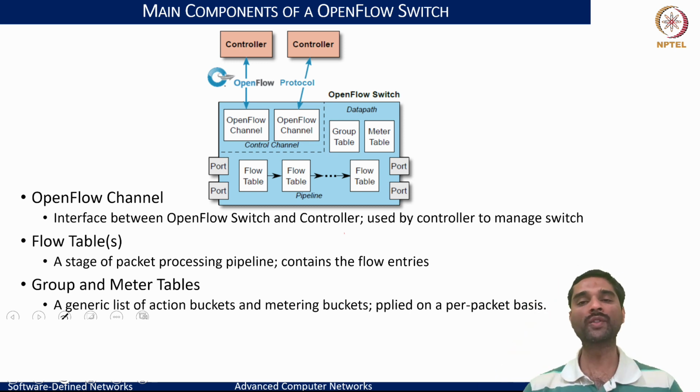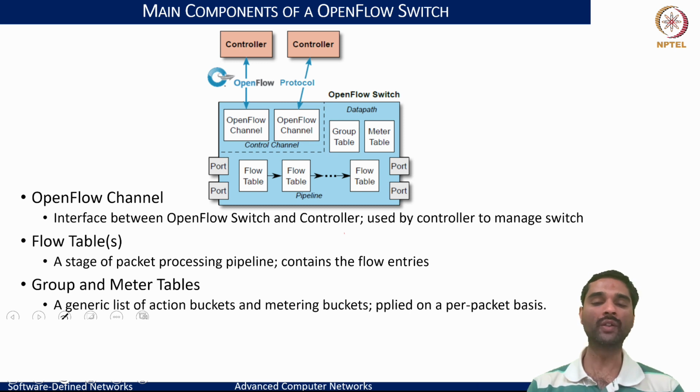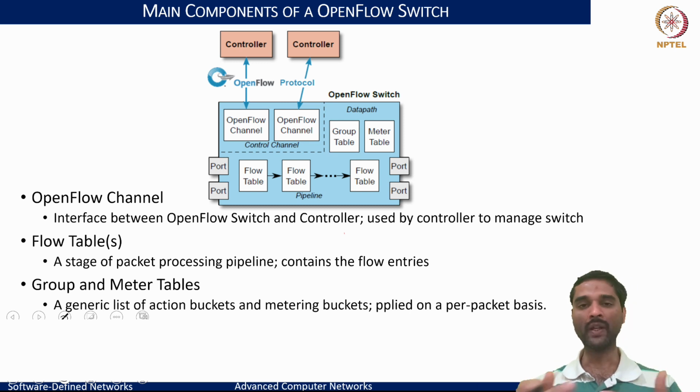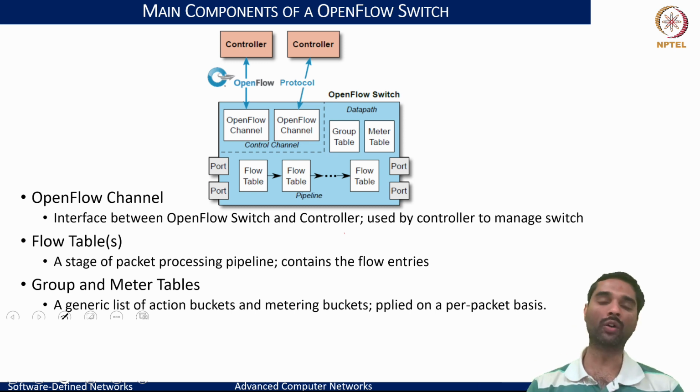But what does it mean to look at an OpenFlow switch, if we have to understand it in a very broad sense? The key components of any OpenFlow switch include first the control channel, or the OpenFlow channel, on which the controller would establish communication with the corresponding switch device, and any communications would then happen on this channel.